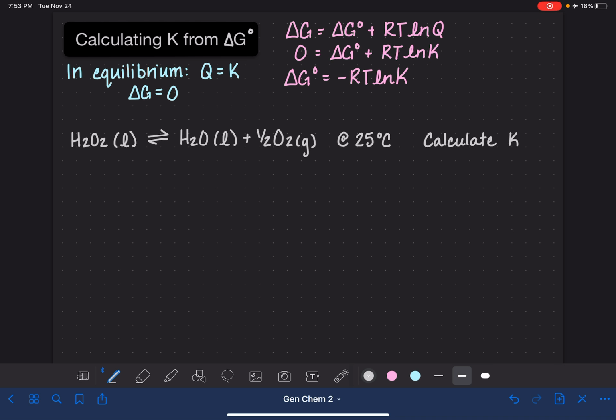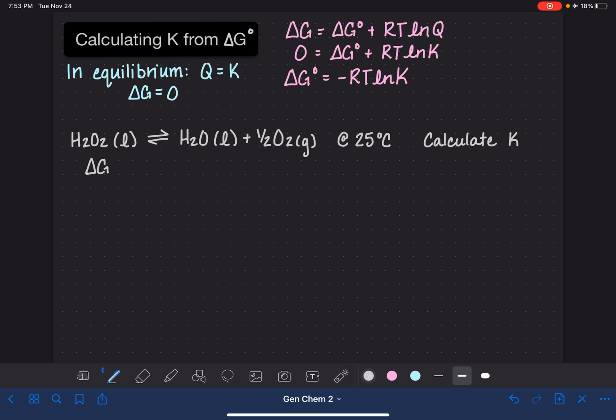In order for us to be able to calculate K, we need the temperature, which we have. We need the value of the gas constant R, which we know, and we need to be able to calculate delta G. As I said before, there are two ways that we can calculate delta G. In this particular problem, I'm going to calculate it using Hess's law.